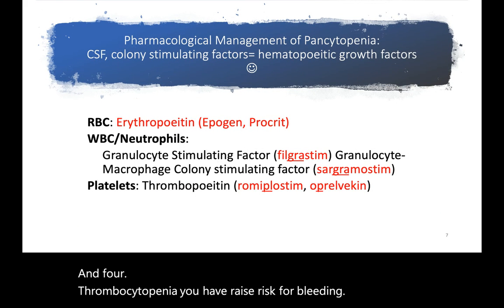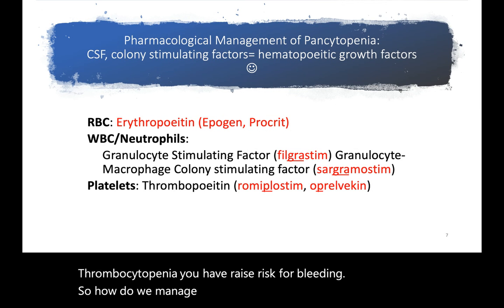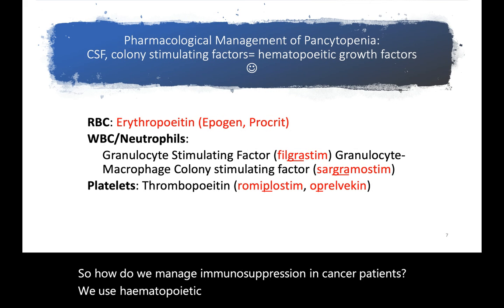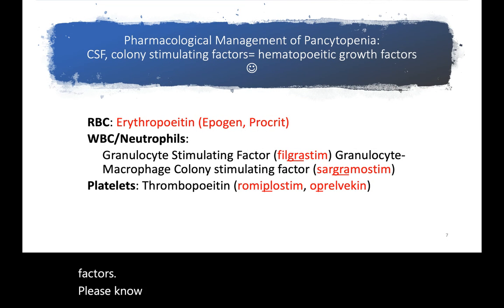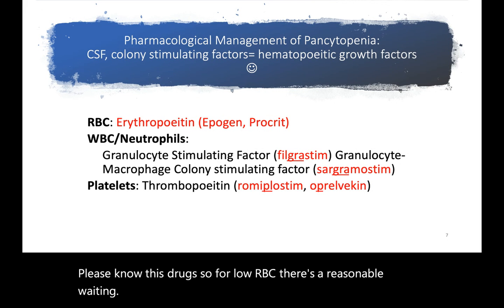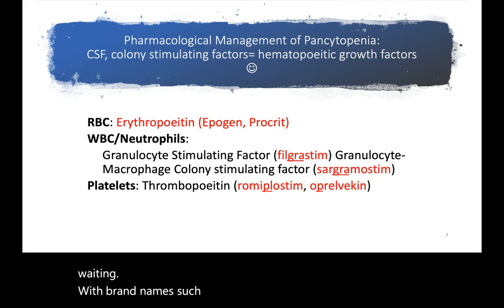So how do we manage immunosuppression in cancer patients? We use hematopoietic growth factors or colony-stimulating factors. Please know these drugs. So for low RBC, there's erythropoietin with brand names such as Epogen and Procrit.